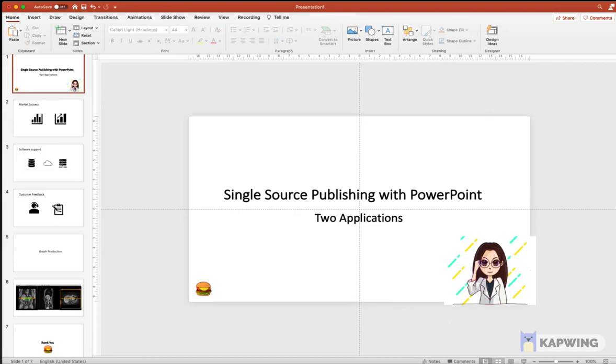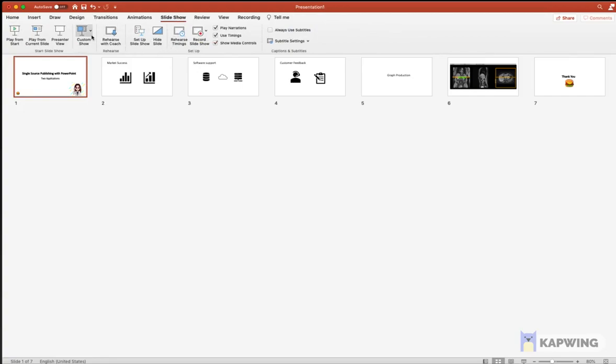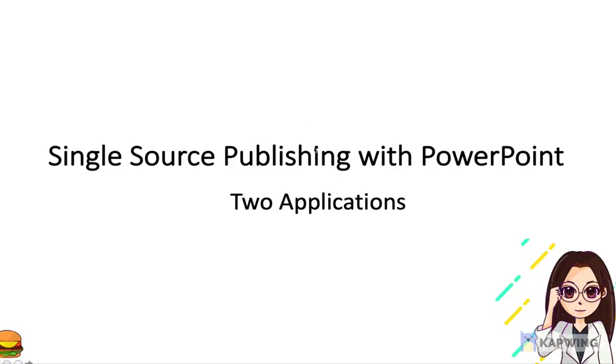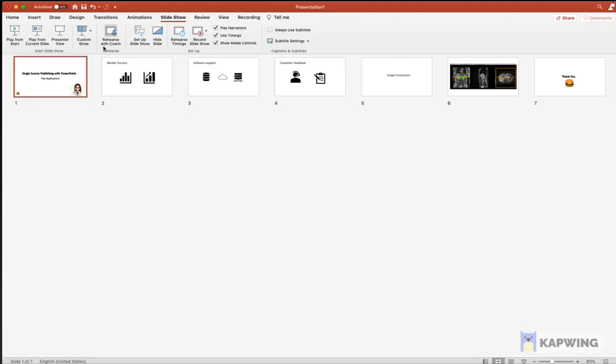You click on the overview mode of PowerPoint where you can see all the thumbnails, and then at the slideshow here, what you will do is click on the drop-down arrow of the custom slide show. As you can see, I have created a marketing team. Then you can start presenting just the marketing team's contents.